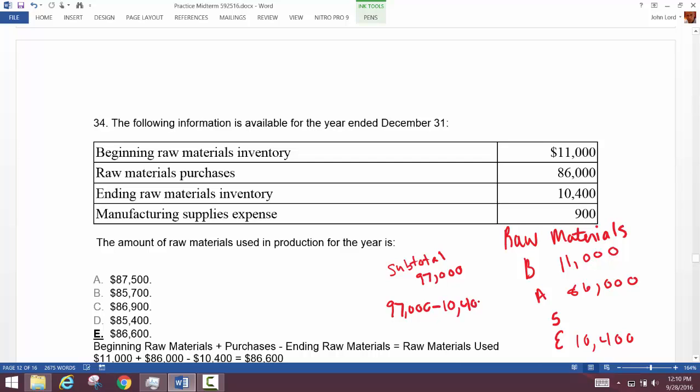You do your little side calculation to take off the ending balance. That means that if I had 97,000 available and I ended up with 10,400, I must have used what? 86,600? Very good. So the answer is E.